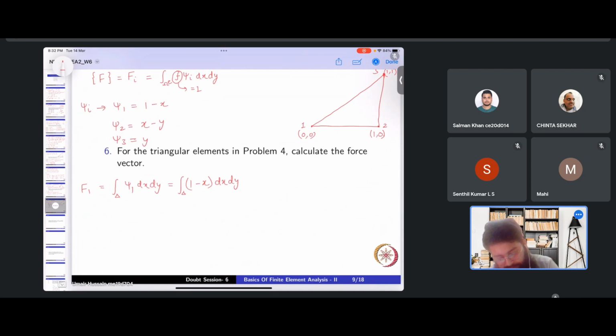Okay, so again we'll try to use the knowledge we have. We have this integral dx dy minus this integral x dx dy, and this is nothing but I00, and this is nothing but I10.